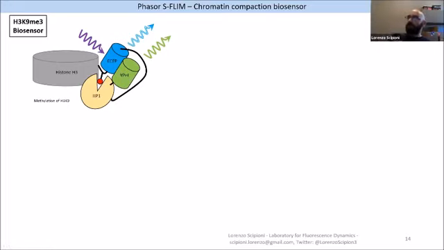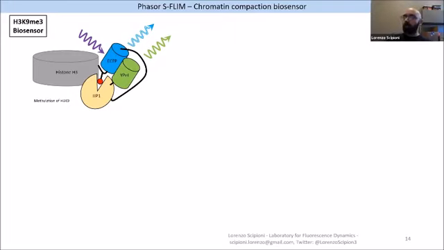The problem in this case is that since both the histone and the HP1 actually do something in the cell, it's not an inert probe. So the problem is that if you overexpress this sensor, you end up with a chromatin that is artificially more compact than normal chromatin. And you don't want to do that. You want a method of measurement that doesn't affect whatever you're going to measure.